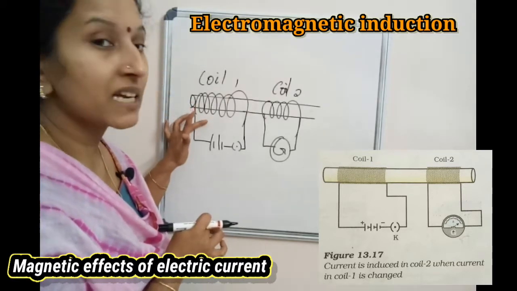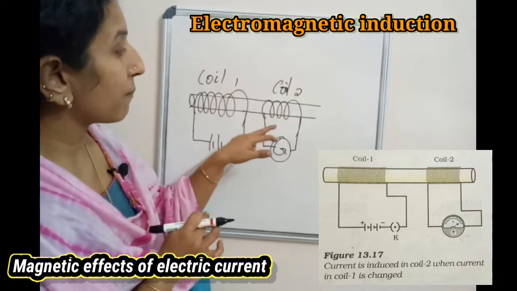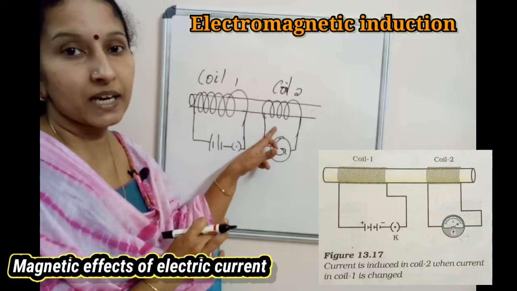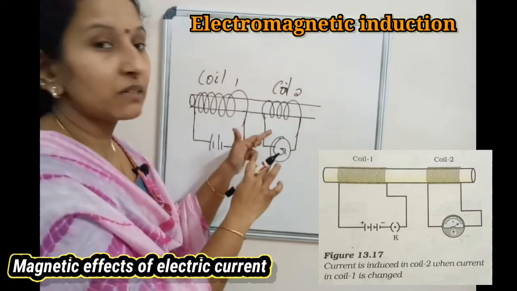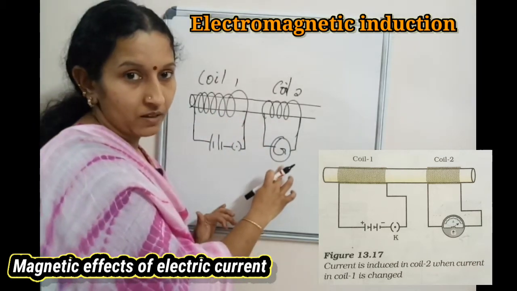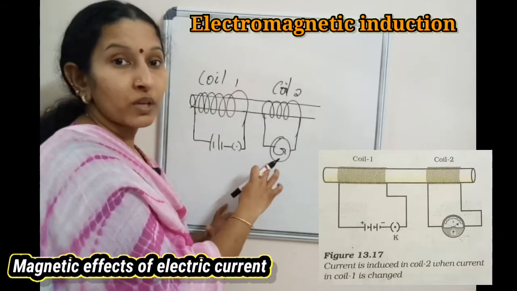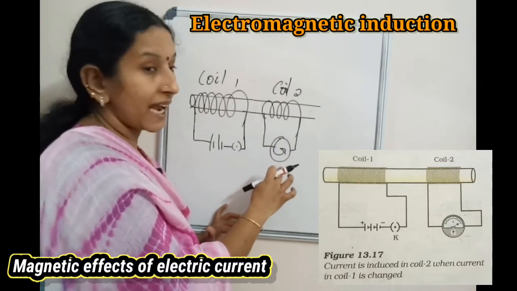And this change in the magnetic field of the primary coil changes the magnetic field around the secondary coil. So that change in magnetic field induces a current, which we can indicate through the deflection of the galvanometer.